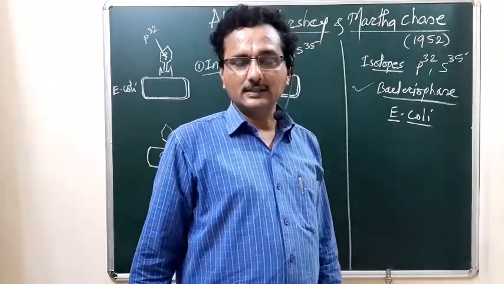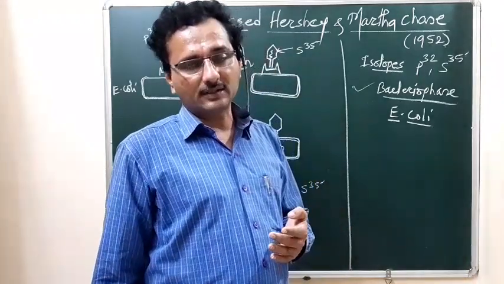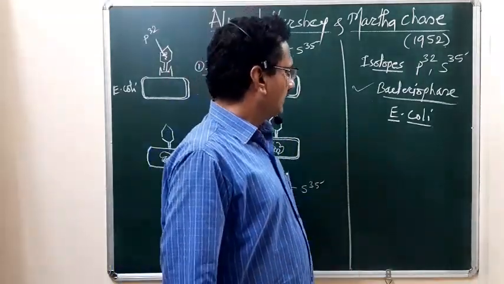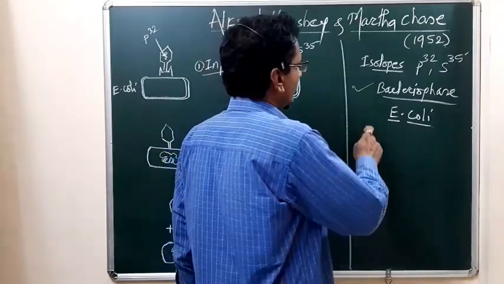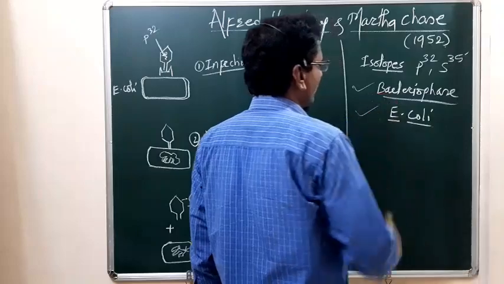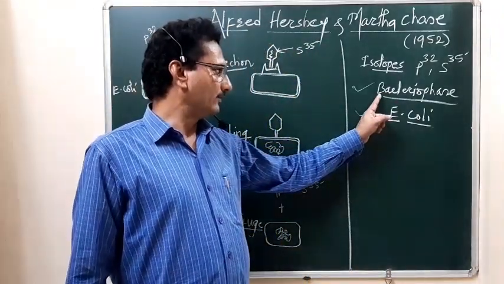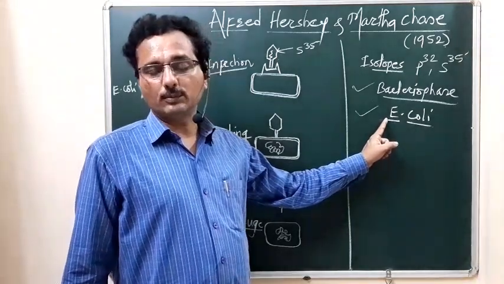A bacteriophage is a virus that infects bacteria. For the infection, they used the host cell, the E. coli type of bacterium. So this bacteriophage infects the E. coli bacterium.